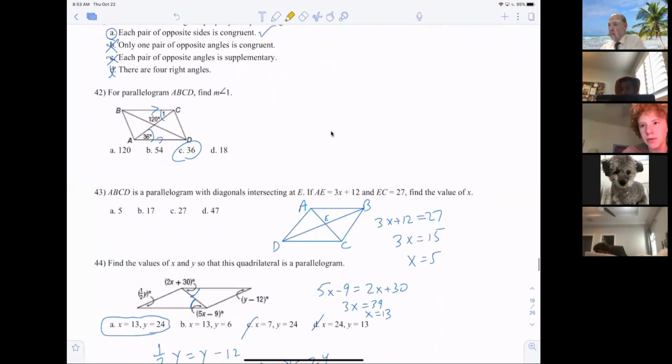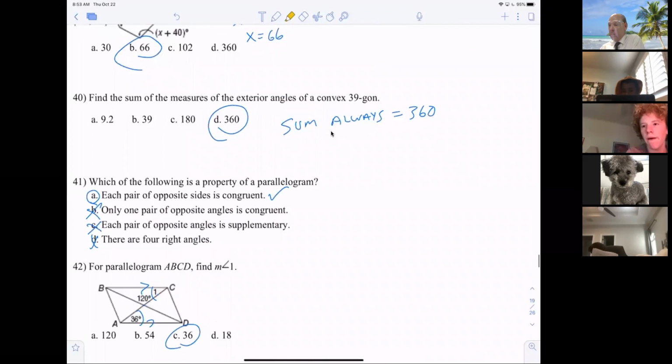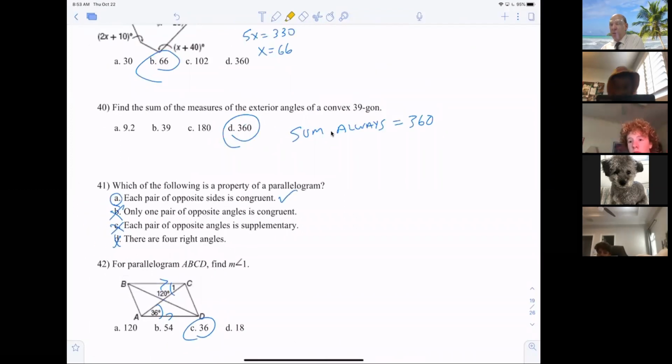Wait, how'd you do 40? Yeah, 40 is a trick question. The sum of the exterior angles are always what? They're always 360 degrees. So this right here doesn't matter because it wants the sum.